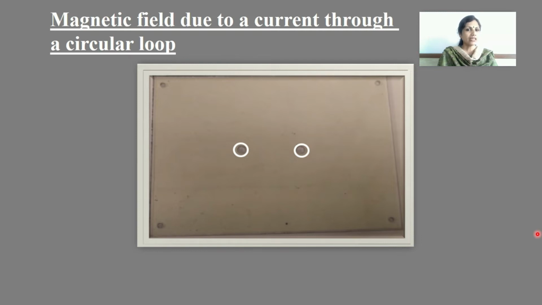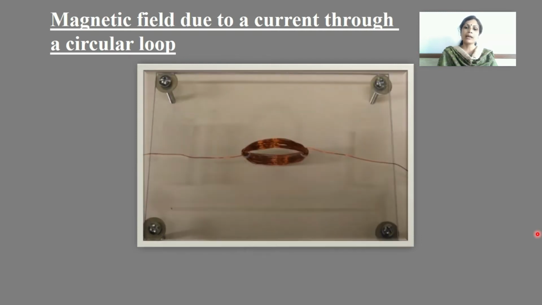So it will look like this, and the two ends are kept free so that we can pass current from the two free ends. You understood how the assembly is done? A plastic frame or a plastic board, two holes, and then a copper wire of almost 50 turns is taken and a circular loop is formed.